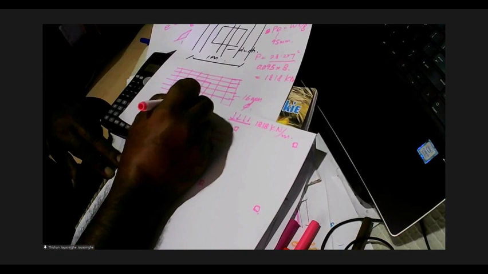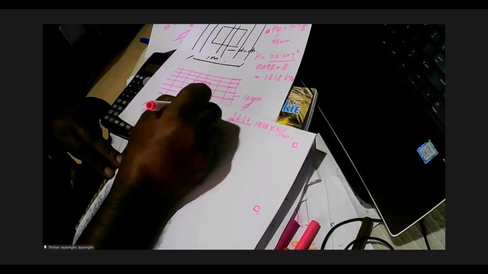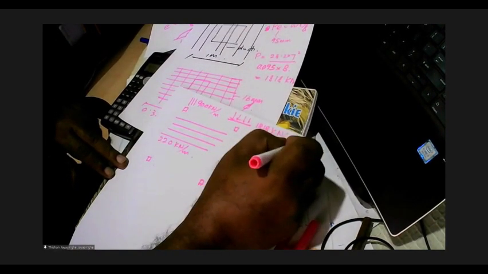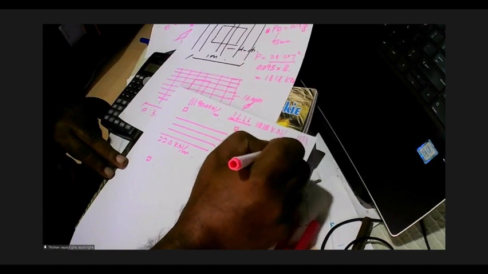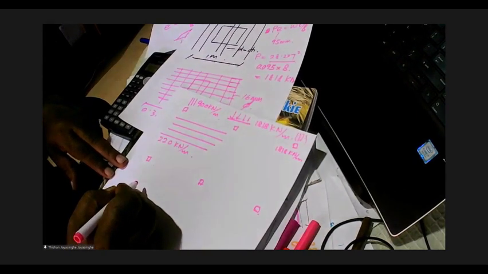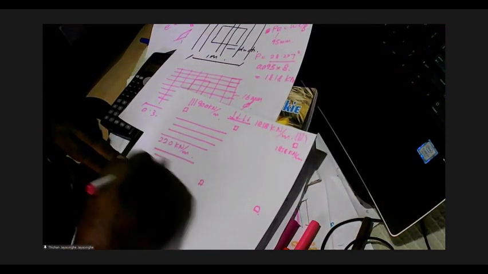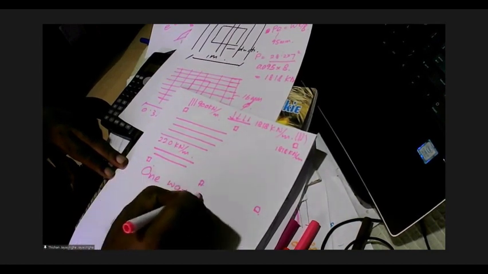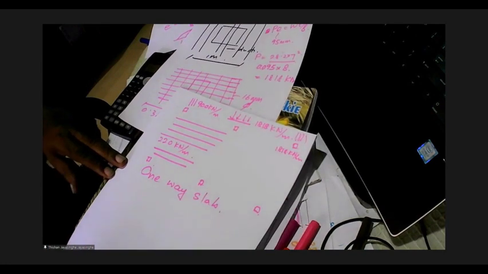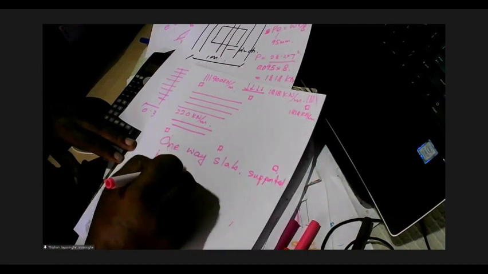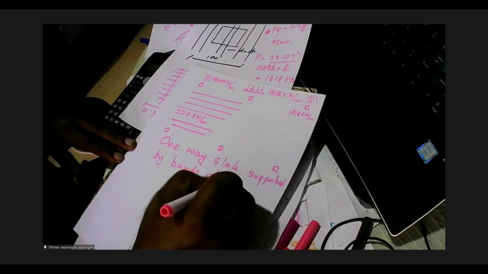And we can provide half of that here, about 900 kilonewtons per meter. So we provide some reinforcement, 1818 kilonewtons per meter. And this way we have this 120. So we have effectively created a one-way slab supported by bands of beams.